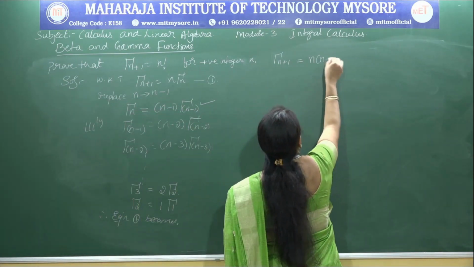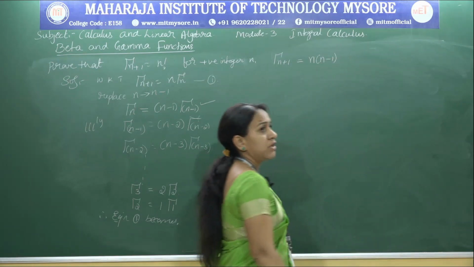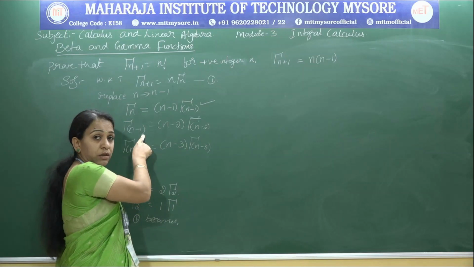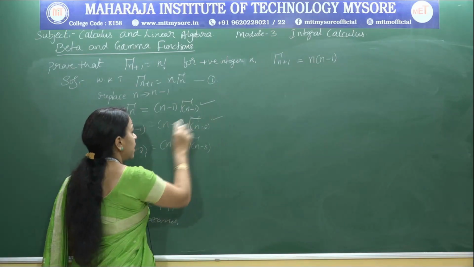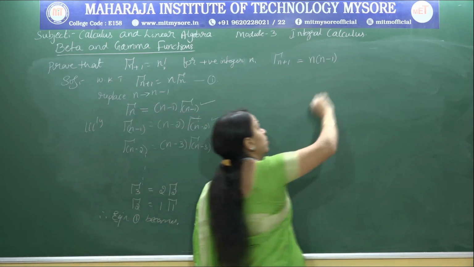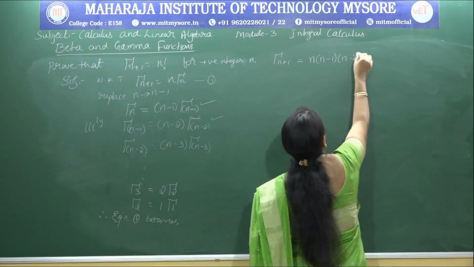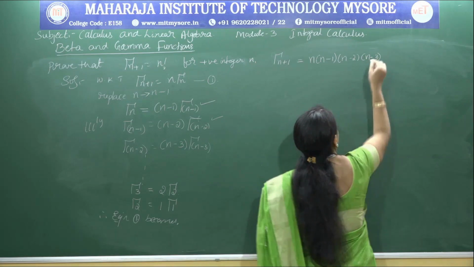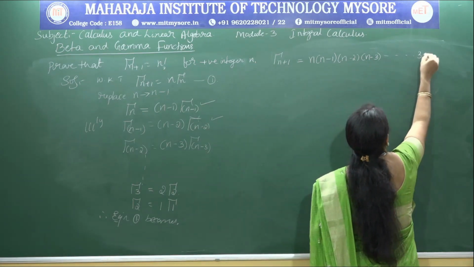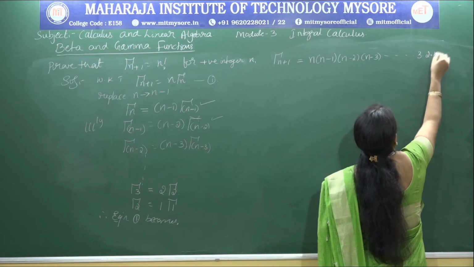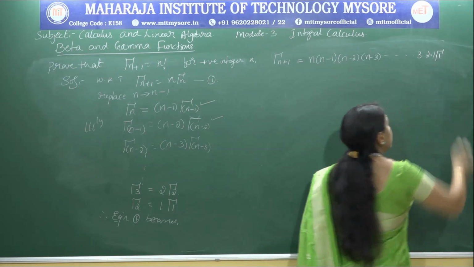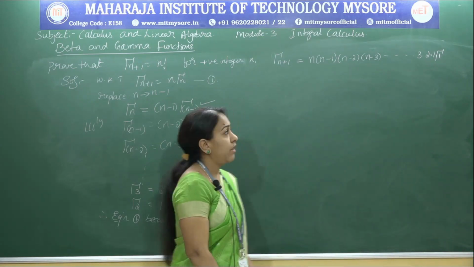So, that is n minus 1 into gamma n minus 1. I am not going to write gamma n minus 1 because I know gamma n minus 1 here. Gamma n minus 1 is n minus 2 into gamma n minus 2. So, n minus 2. Similarly, gamma n minus 2 is n minus 3 into gamma n minus 3 and so on. So, that I can continue up to 3 into 2 into 1 into gamma 1, right? Up to this I can write.